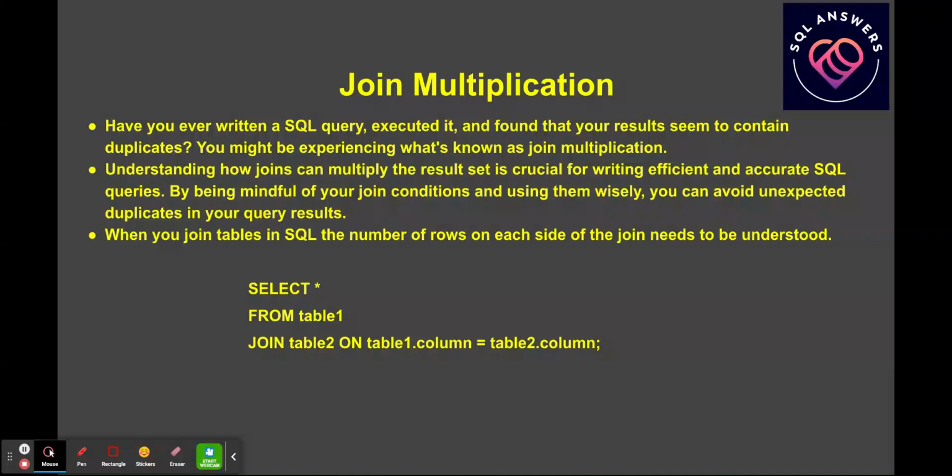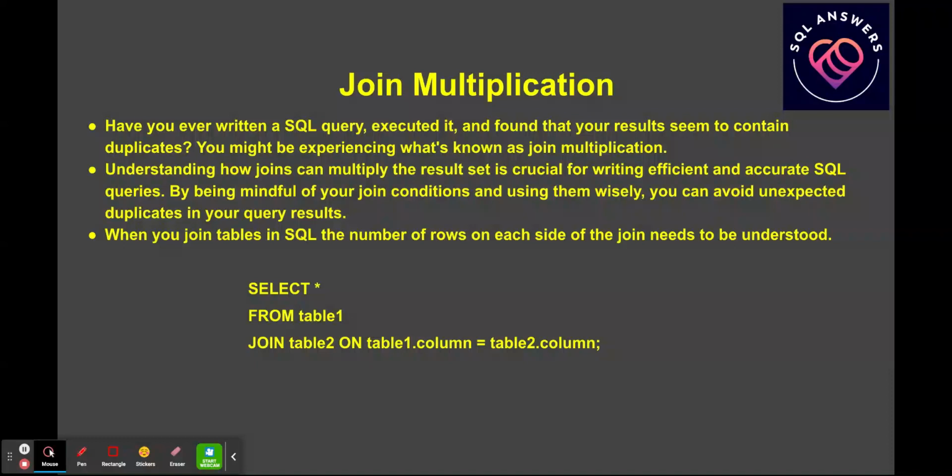What you need to understand is that when you join tables, it's basically a multiplication problem. If you've got two tables, you need to look at both sides of the join, look at the criteria of your query, then look at each table that's involved and select from it and look at how many rows you get.